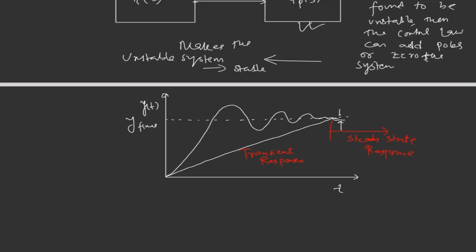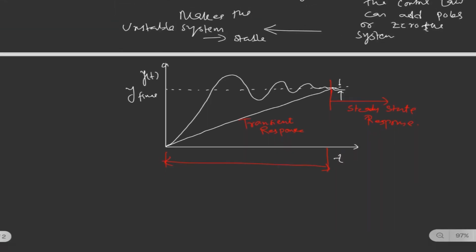Now, as of now, we have discussed how we can modify the transient response using the time domain specifications TR, TP, MP, and TS, the settling time. So we can modify the transient response part using the rise time, settling time, peak time, and maximum overshoot.